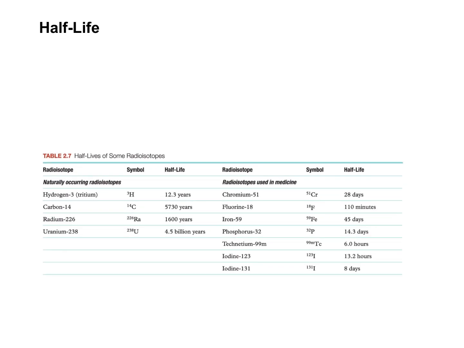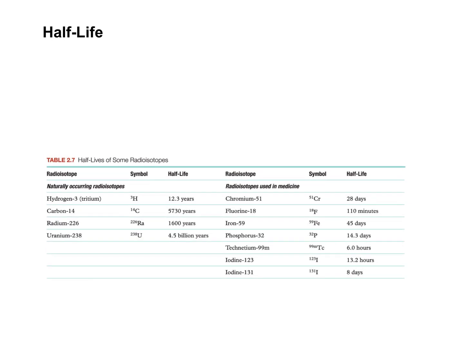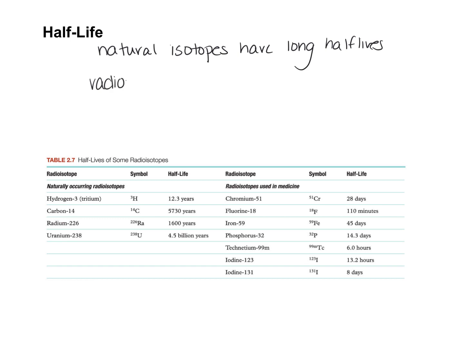So I want us to look at some of the half-lives. And so to put some words to what I just said, natural occurring radioisotopes generally have long half-lives, right? Radioisotopes that are generally used in medicine have short half-lives.